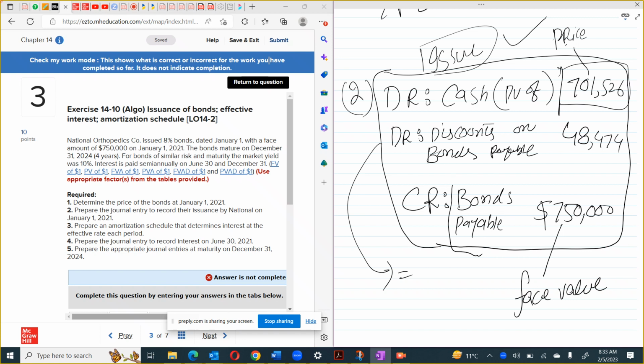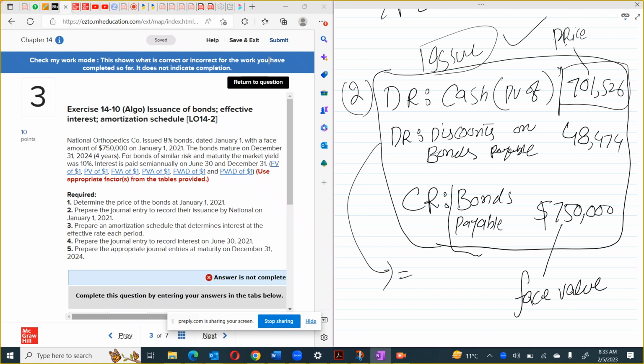Yes, please ask. Because the cash for the first one is 750,000, and the maturity amount at the end that we got was the same. So is it a par value bond?